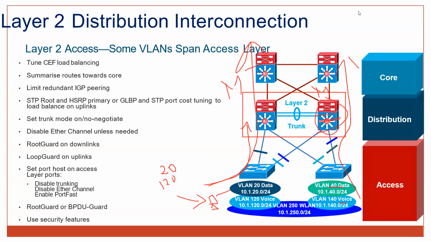Generally in production, you will see people using VRRP or HSRP, but VRRP and HSRP both work as active standby or active primary secondary. So what we are doing to make this active for a few VLANs, you can make one switch primary, and for a few VLANs you can make the other switch primary. So in that case, active passive will work as active.